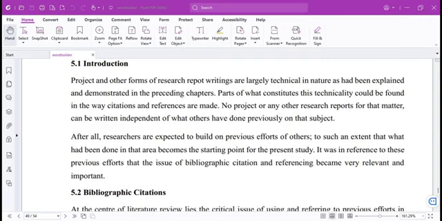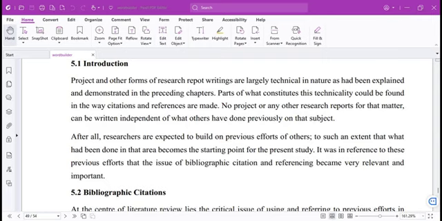After all, researchers are expected to build on previous efforts of others. So you're building on the efforts that other people have done. You're using their work as a kind of foundation. You're building on it, trying to make a difference to what was already in existence. To such an extent that what had been done in that area becomes the starting point for the present study.